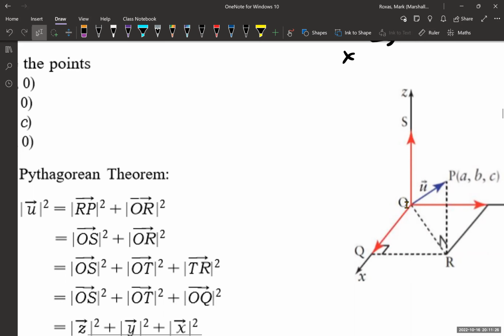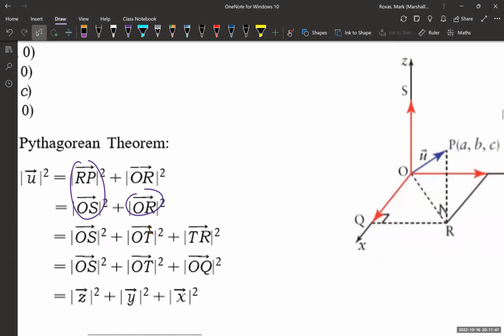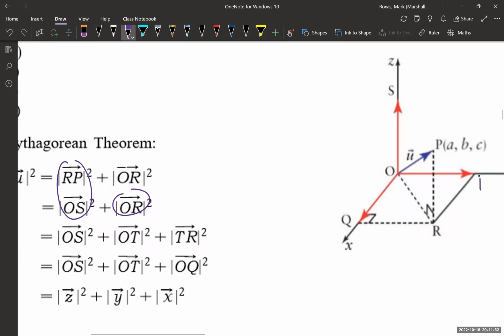So that is going to be an equivalent vector. So from O to S, instead of R to P, I'm going to replace that with O to S, okay? And O to R, we'll keep that as O to R for now, right? But on my next line, I'll keep O to S, but O to R, this vector right here, can be rewritten as the vector from O to T. So let's put point T right there, okay?